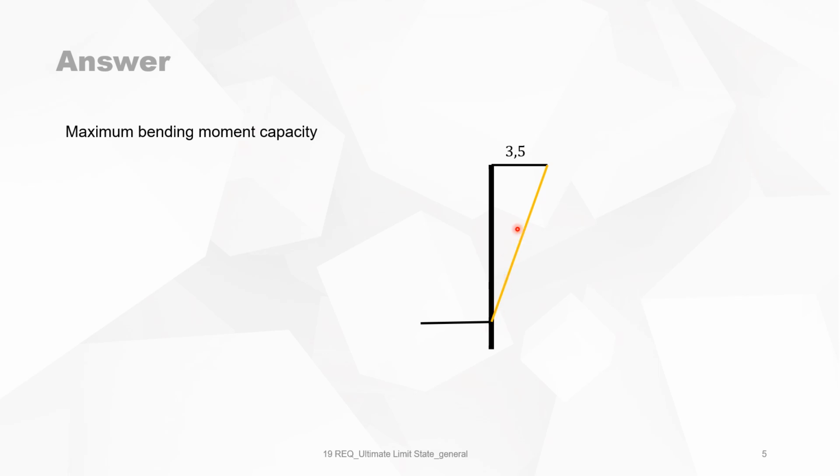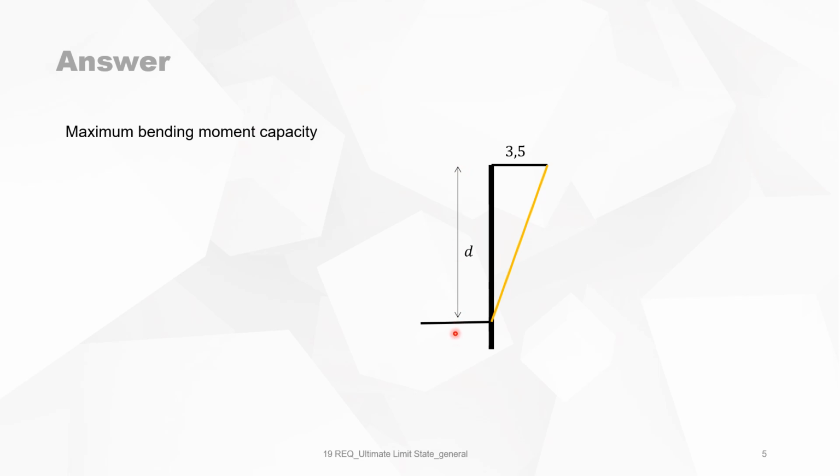Otherwise, you don't have a horizontal equilibrium. So this is in fact the limit. When this is very small, you have almost an infinite area of steel needed to balance out the compression reinforcement.